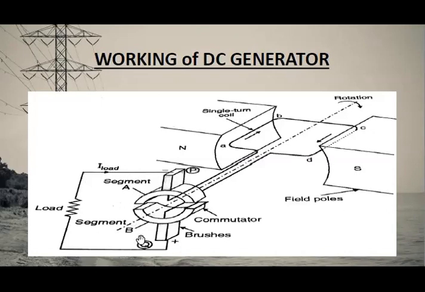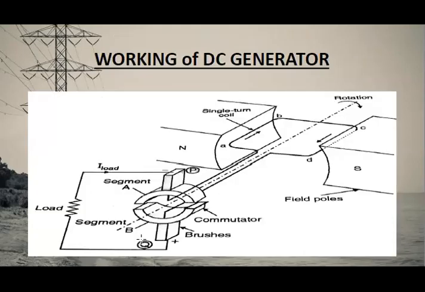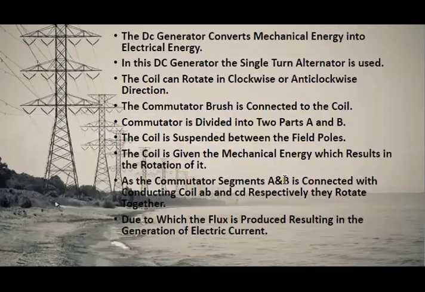These are the commutator segments A and B. They are connected with the conducting coil ends AB and CD respectively. They rotate together, due to which flux is cut, resulting in the generation of electrical current. These coil terminals are represented as ABCD.